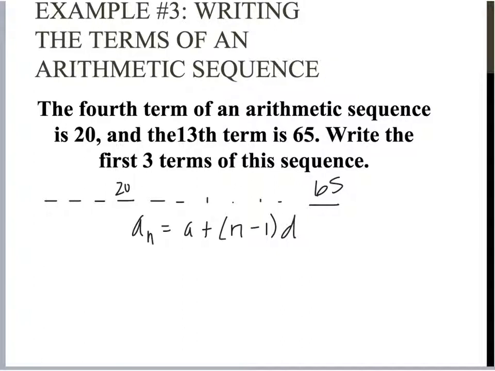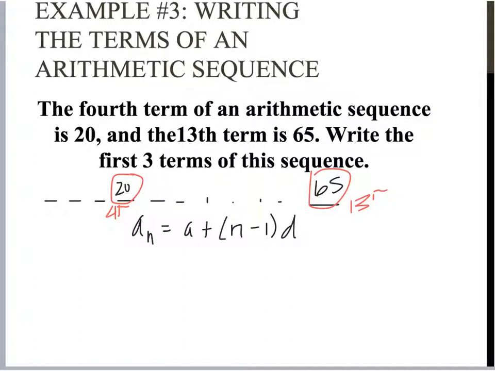So what we'll do is we will find the difference between 20 and 65. So if 20 is the fourth number and 65 is the 13th number, that means including the fourth number and the 13th number, there are 10 terms in there.